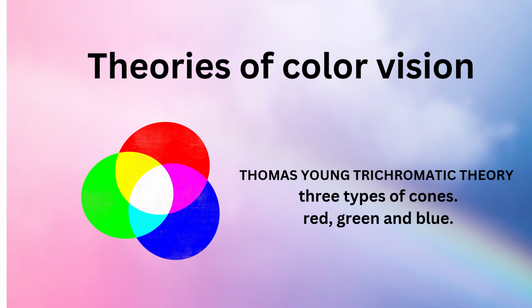Each cone responds to one of the primary colors, red, green, and blue. Different color sensations are produced by stimulation of various combinations of these three types of cones. For the sensation of white light, all three types of cones are stimulated equally.